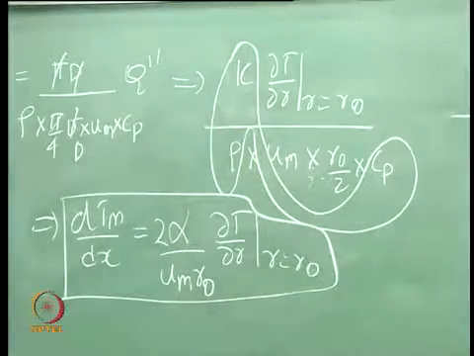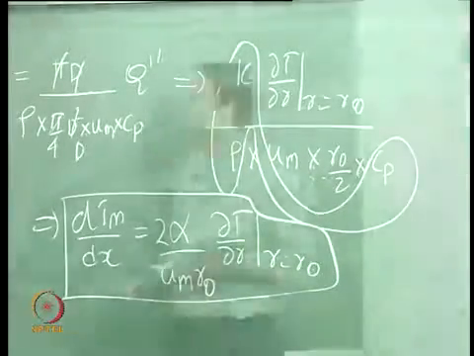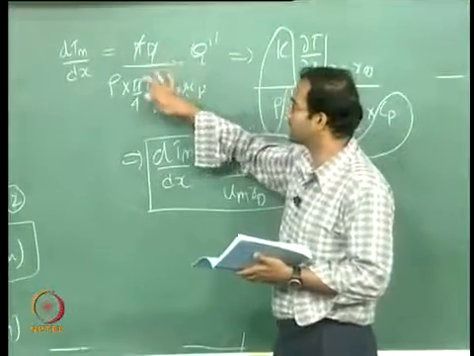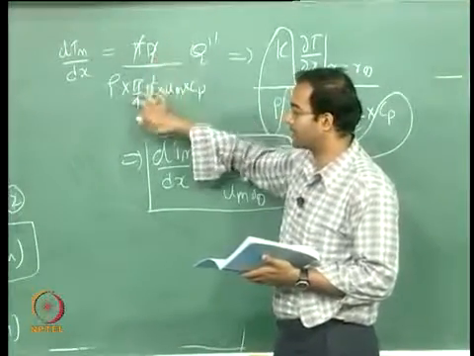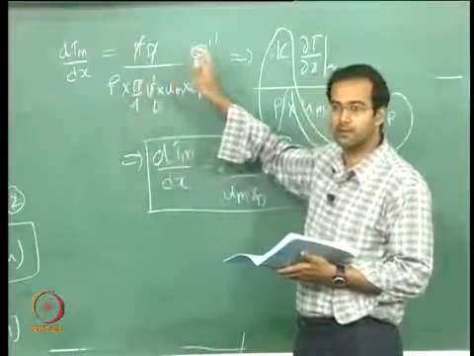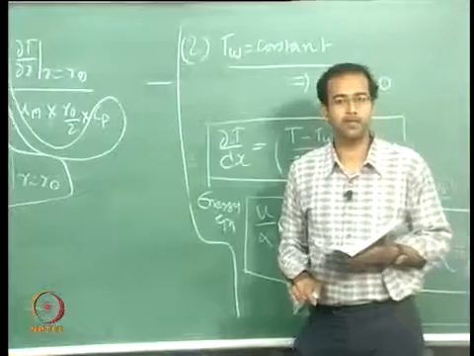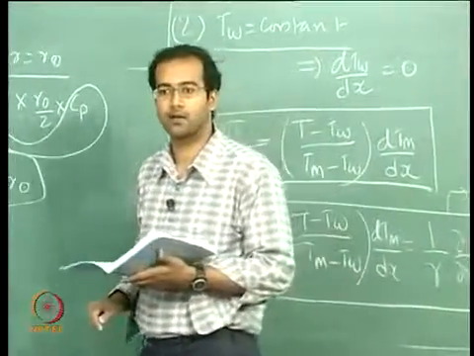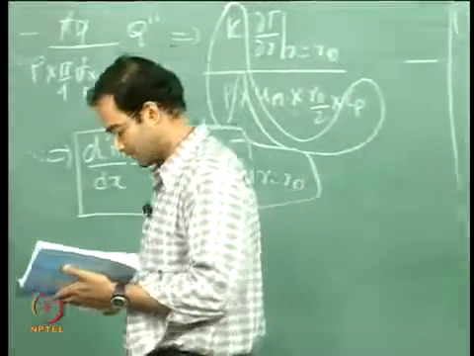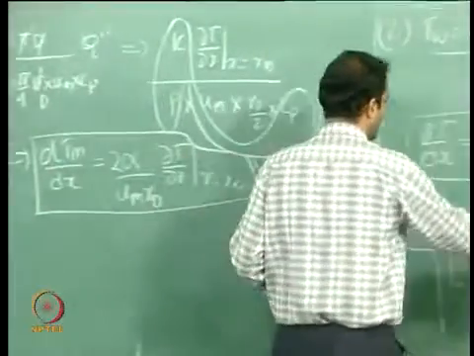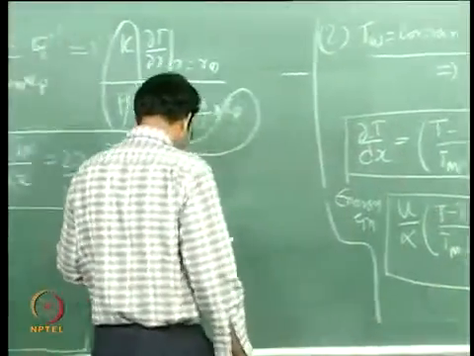This is a little bit of mathematical manipulation, nothing more. As far as circular duct is concerned, you are just writing in terms of your diameter and of course your mass flow rate, a little bit of simplification, and you get a relationship between dTm by dx and dT by dr at r equal to r naught, this is the gradient of temperature at the wall. So this can be substituted into equation 1 for dTm by dx.